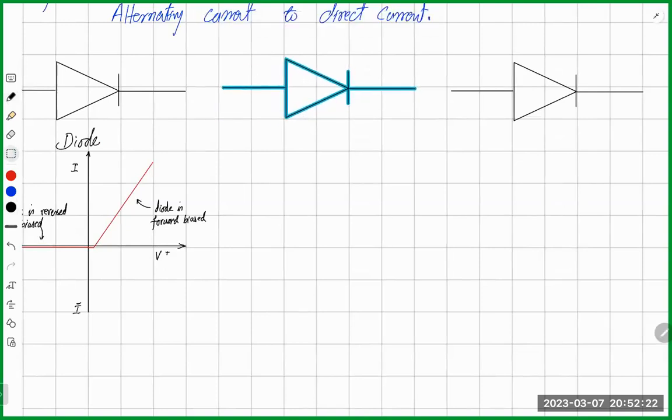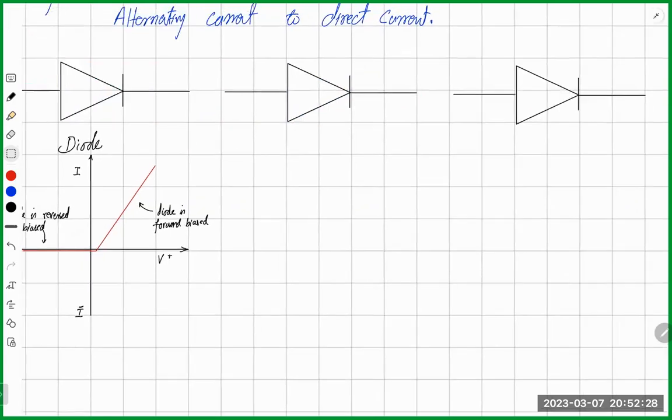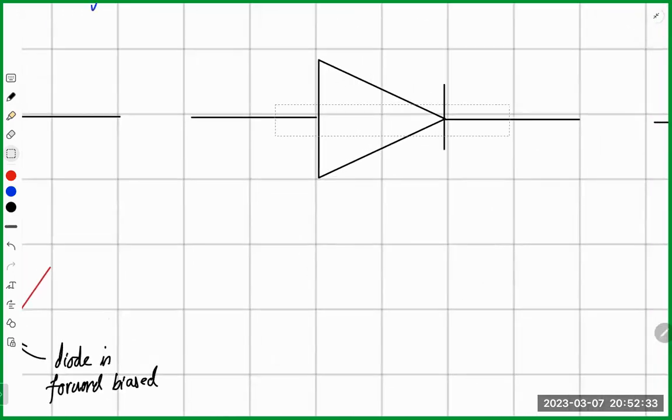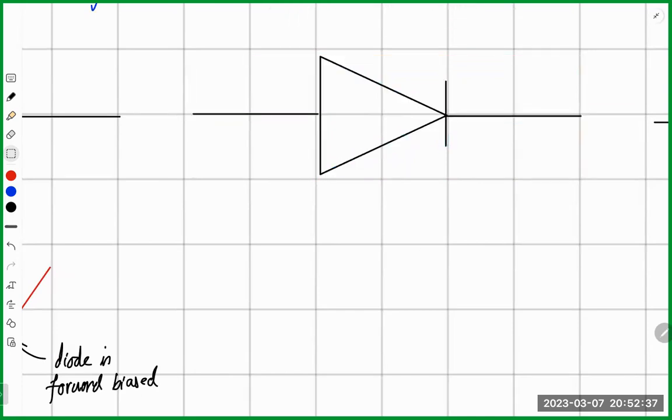Look, if this is a diode, and I told you just a minute ago, the symbol of the diode very much looks like an arrow that shows a direction. So this is pointing towards the right. So that is the direction of this diode. If current is going this way, this is the direction of the current.